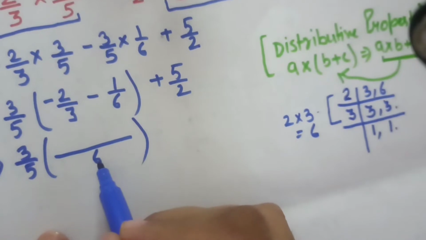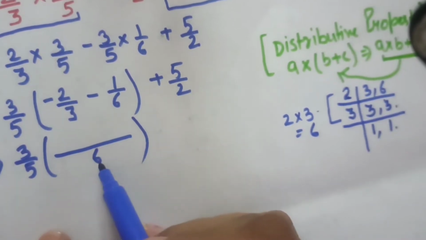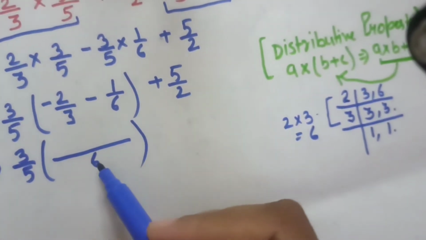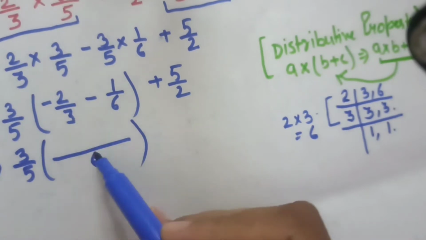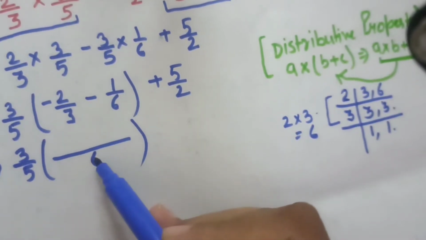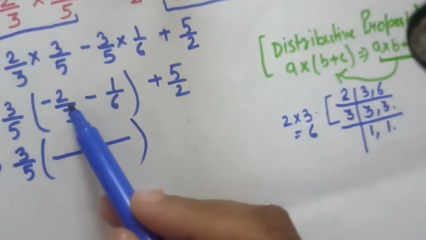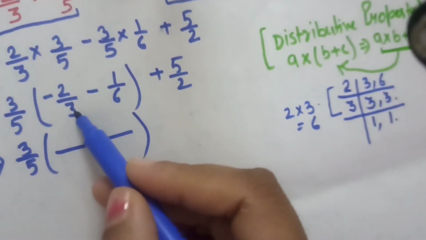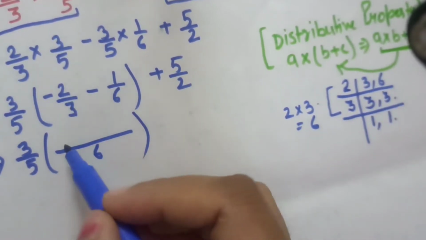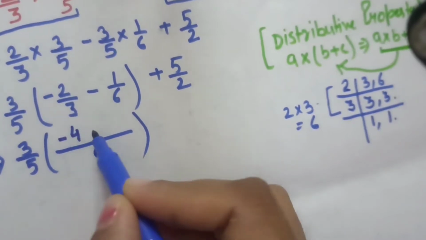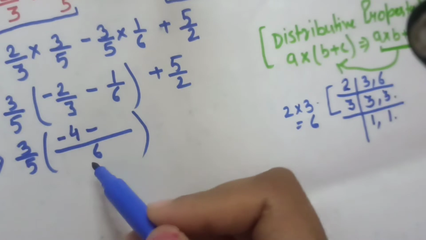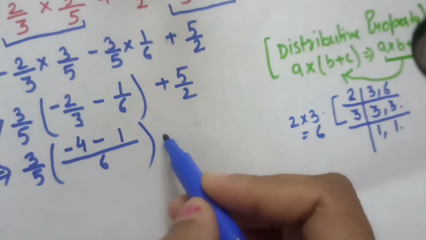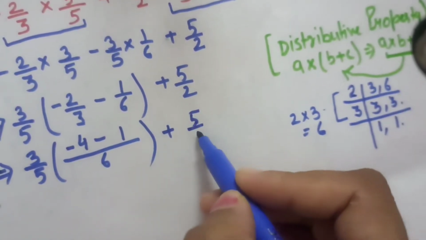So we get 6 as the LCM, and I also told you earlier how to take the LCM: we divide the LCM by the denominator, and whatever answer we get, we multiply it with the numerator. When we divide 6 with 3, we'll get 2, and when we multiply 2 with 2, we'll get 4. When we divide 6 with 6, we'll get 1, and when 1 is multiplied with 1, we'll get 1. 5 by 2 will remain the same.